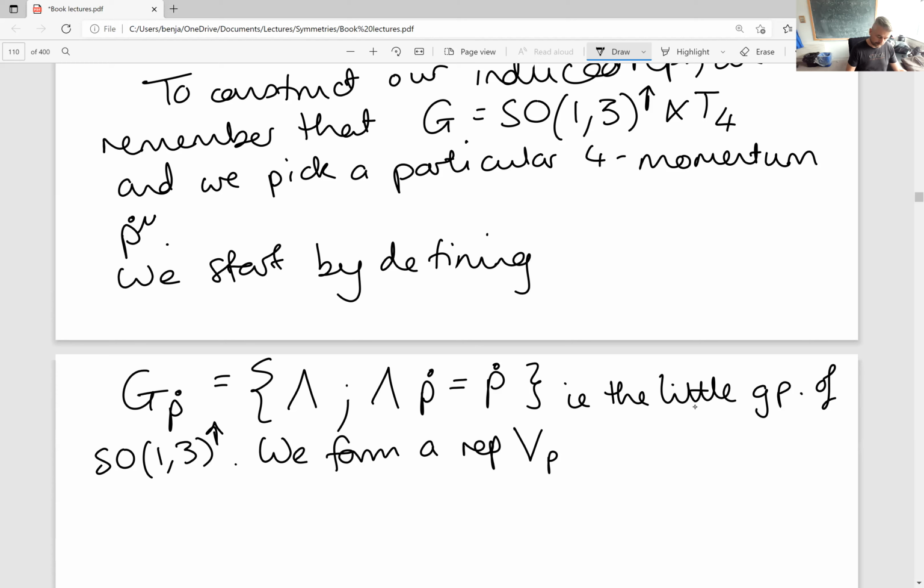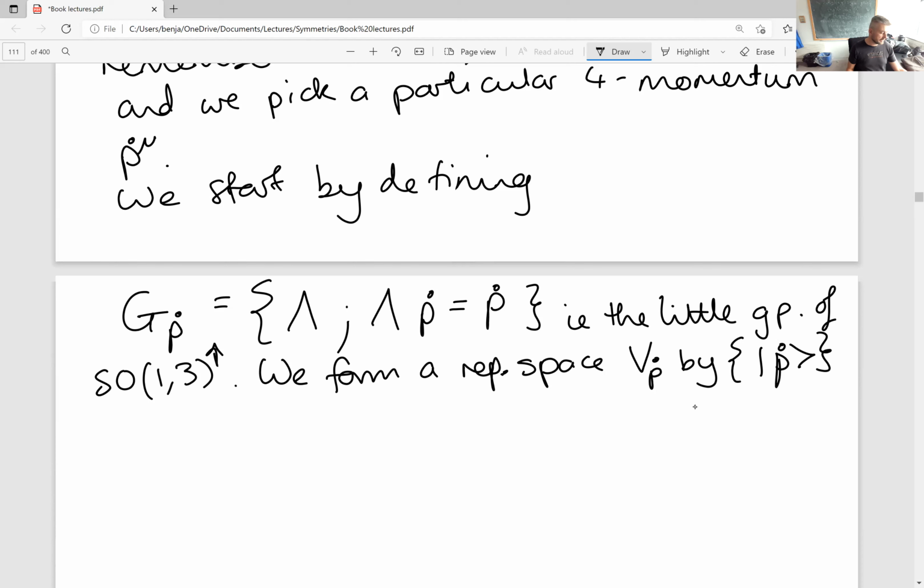So we're going to call the representation space V P dot, the set of all states which are labeled by P dot. And now I'm going to use anti-hermitian operators. So the operator big P mu acting on our state gives us back i P dot mu acting on the state.